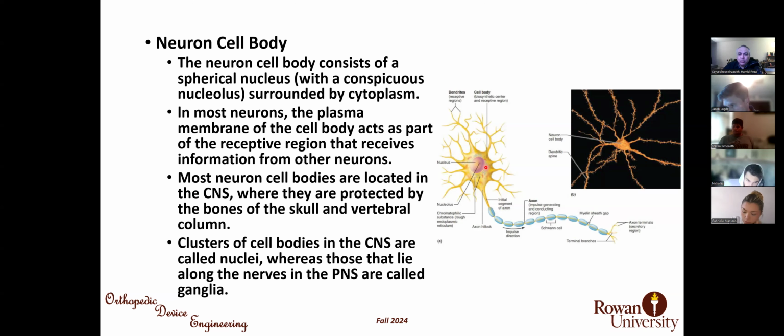So ignore those exceptions. Consider all the cell bodies in our central nervous system. The plasma membrane that is covering the cell body has a unique function. It can accept the nervous impulses from other cells.